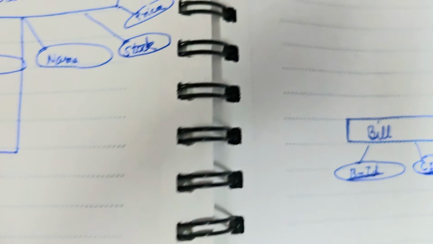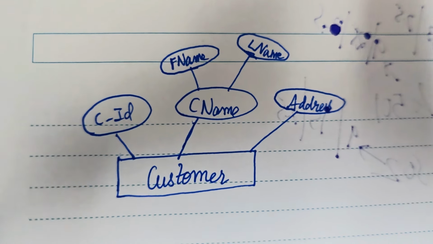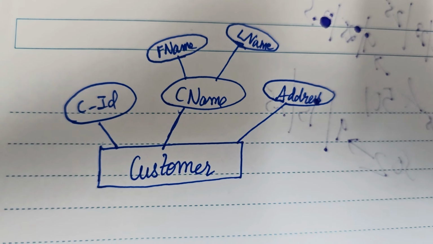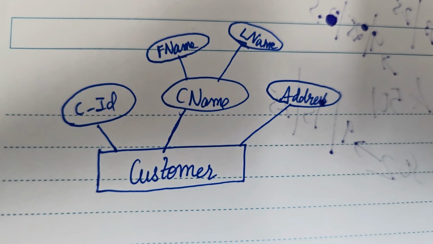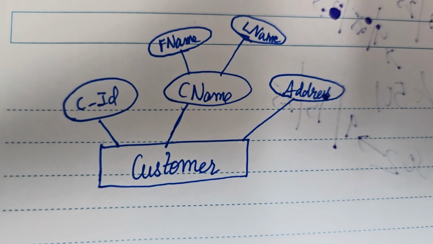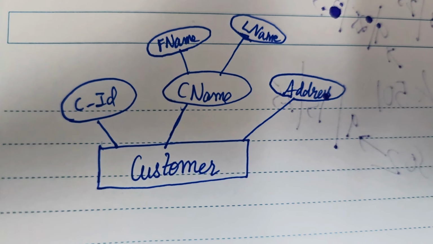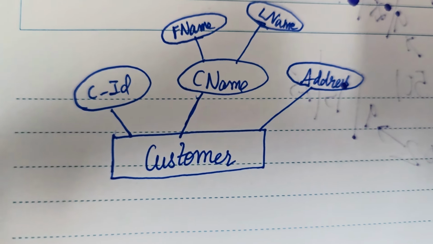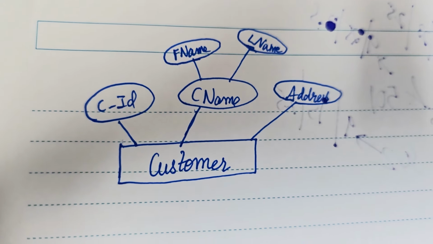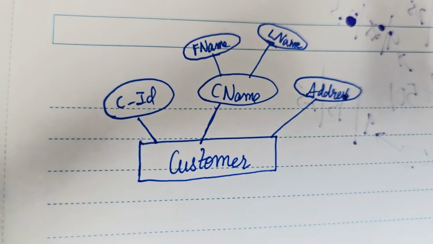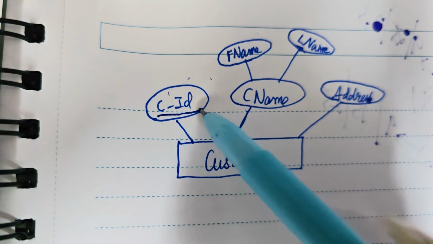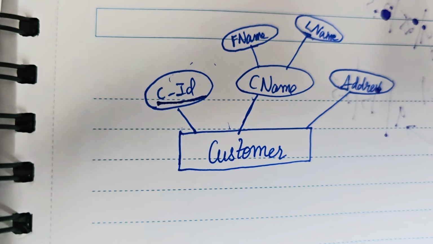Now how is an entity created through this? So let's say I want to show customer. A customer would be a rectangle and then the attributes would be oval shaped. You can see here customer ID, customer name and address. If we say that customer ID is a primary key, then it should be underlined, so let me underline CID.